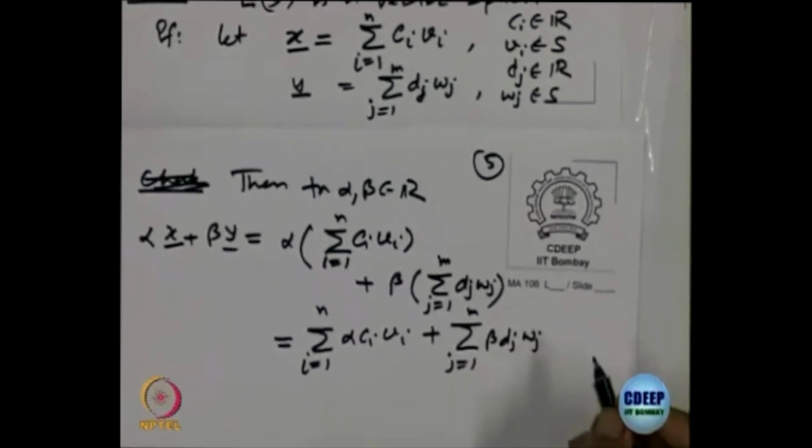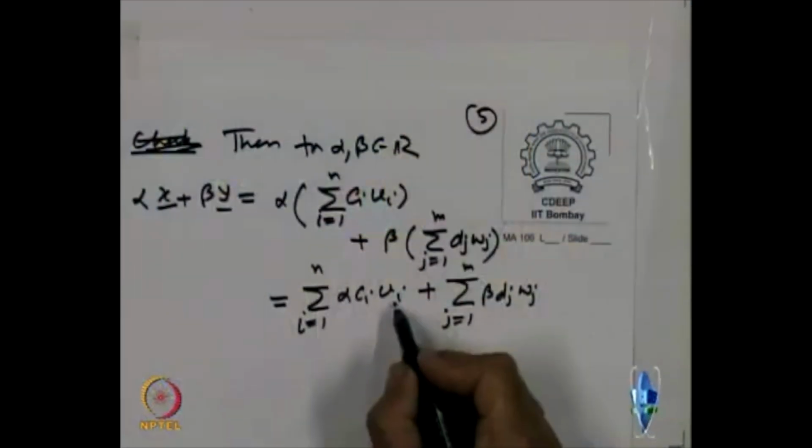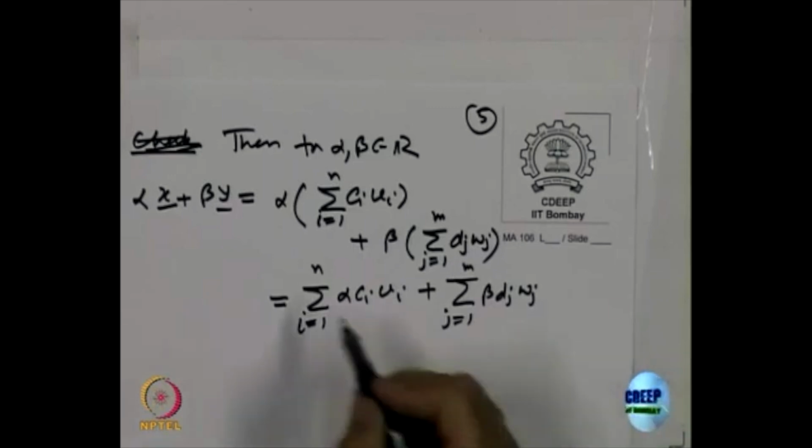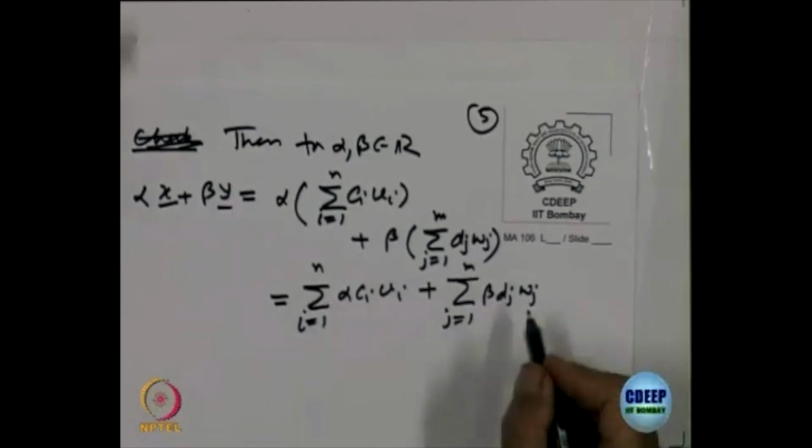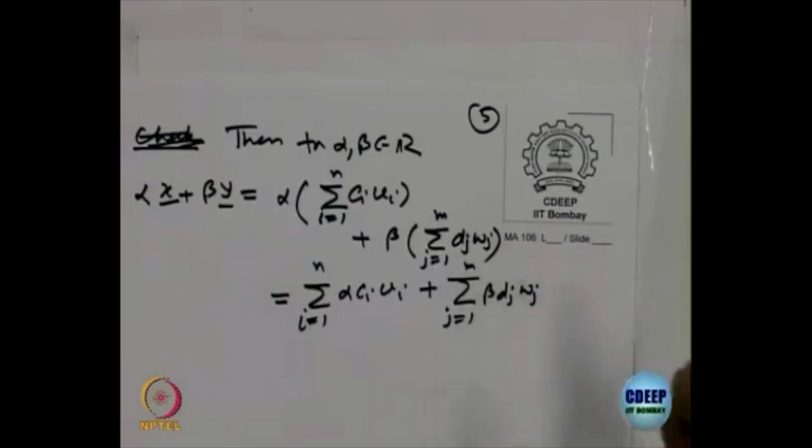Is that okay? But what is this? That means I have chosen vectors v1, v2, up to vn. I have chosen also vectors w1 up to wm. So my new collection of vectors is n plus m of them. Each one is multiplied by some scalar and added. That is all. So is it clear that this belongs to LS?